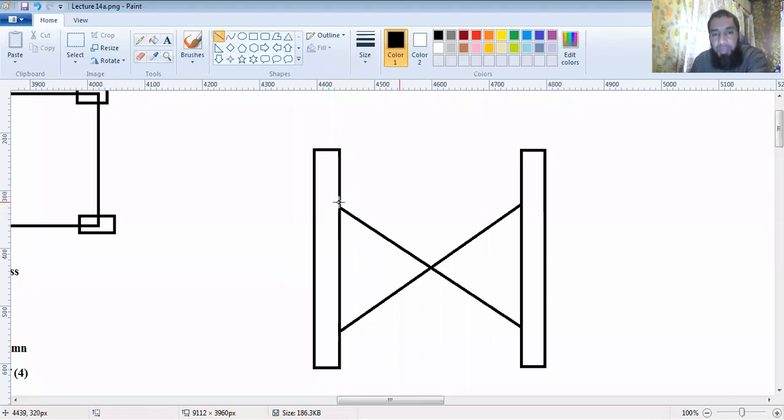These braces may be steel braces, which are given between the columns. They are connected here through bolts. These braces would be bolted into the column. This is generally done in steel columns, but you can also do it in reinforced concrete columns with steel braces being applied.